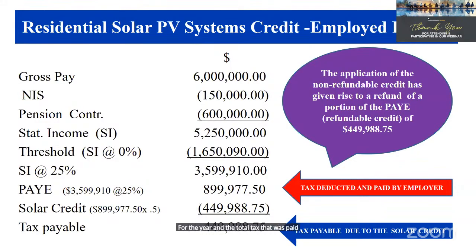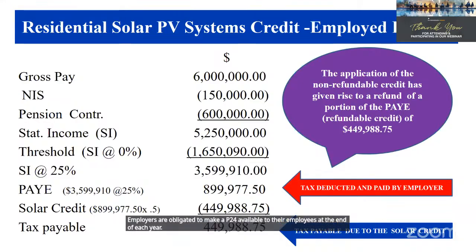So you would need to prepare those. In fact, even outside of the PV credit, employers are obligated to make a P24 available to their employees at the end of each year. So this is going to become more important now, especially where persons want to apply for this PV credit.